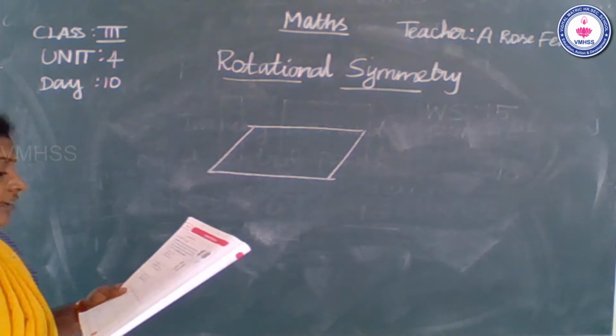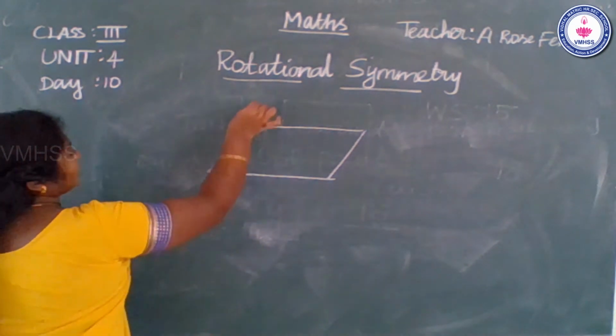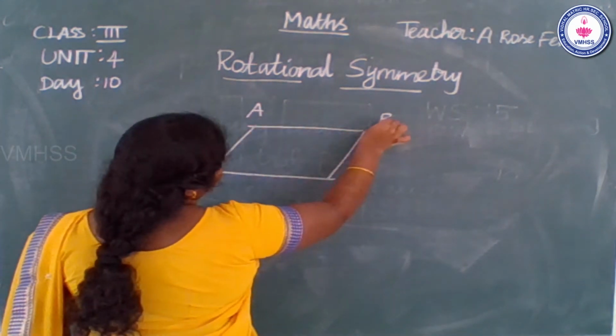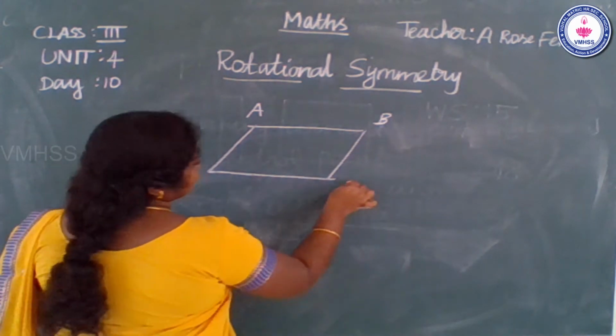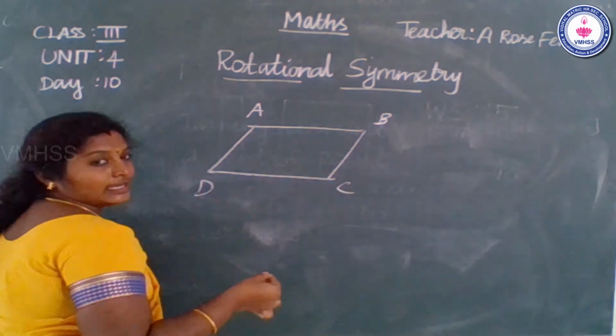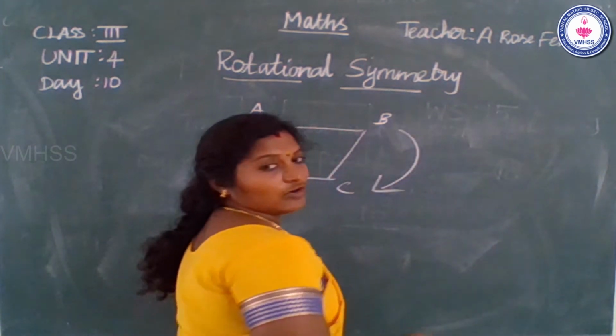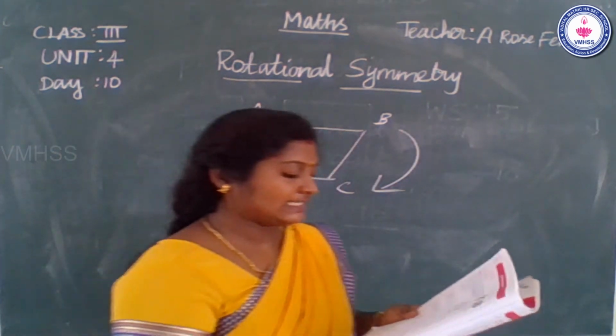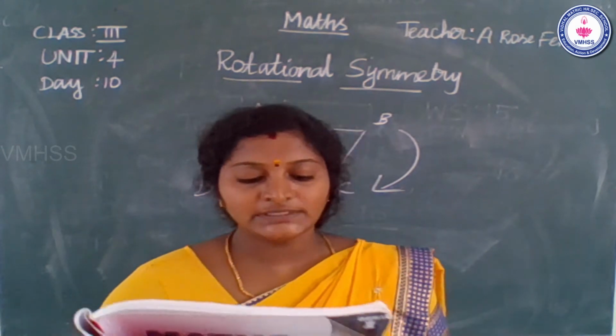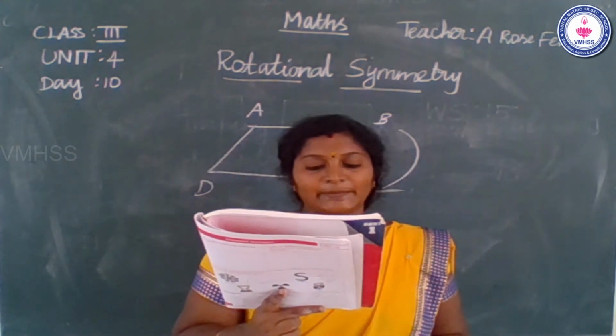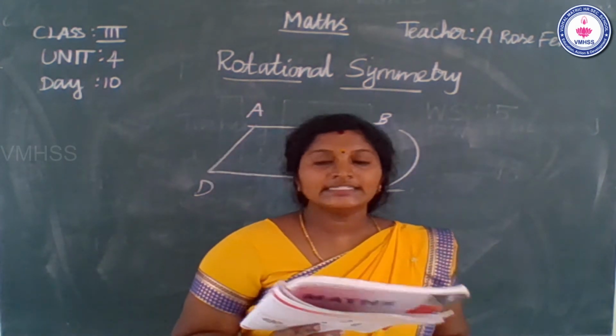Okay, so this is the rotational symmetry. So it's named A, B, C and D. Okay, listen. So it's a rotational symmetry. So the object has both line of symmetry and rotational symmetry.